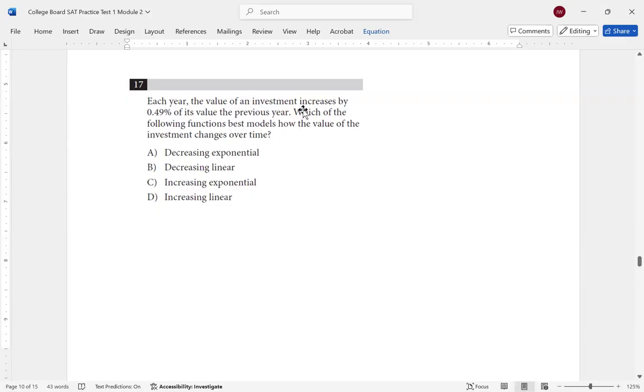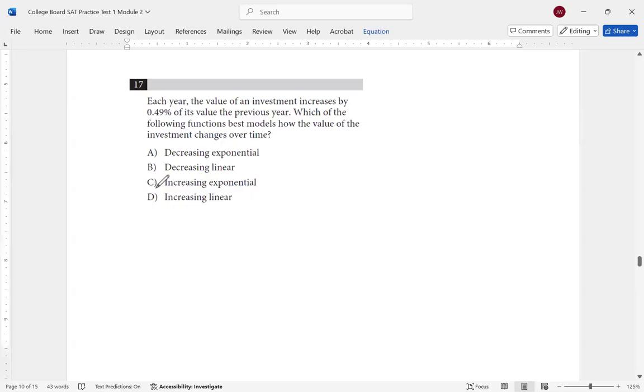So it's increasing by a percentage of its value the previous year. This means it's going to be a repeated multiplication, and repeated multiplication with an increase. So it's going to be an increasing exponential.